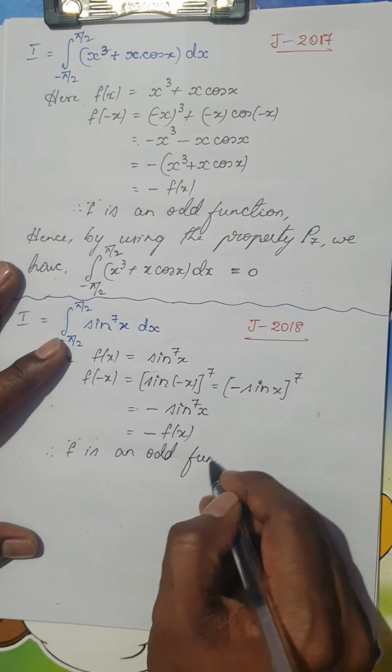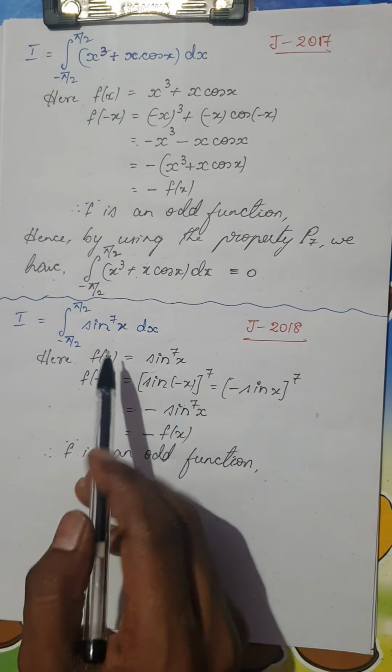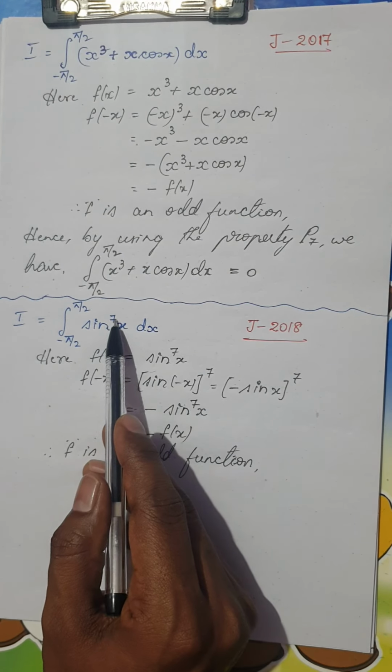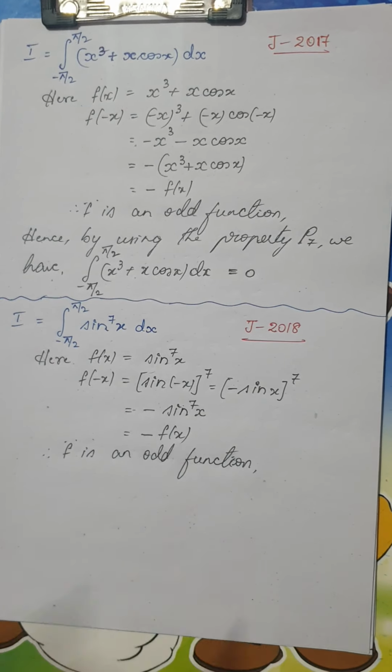Very simple solutions these are. F is an odd function. There is a hint: when there are sine powers, if they are odd powers, odd powers of sine will definitely be an odd function. Okay, right.